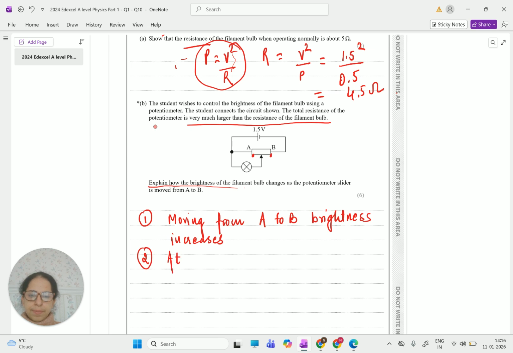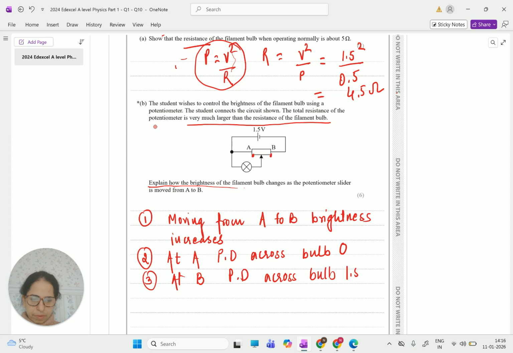At A, the potential difference across the bulb will be 0. At B, the potential difference across the bulb will be 1.5 volts. So we have explained. You got 1 mark, second mark here, third mark here. As you move from A to B, the potential difference across the bulb is increasing.